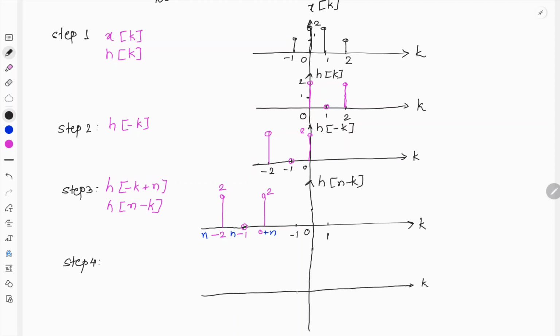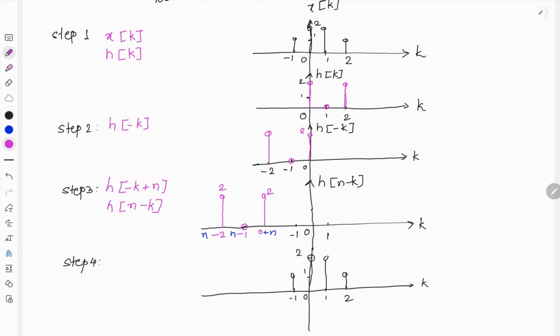So first is the x of k signal. It is 1 at -1, 2 at origin, 1, again 2, and at 2 it is 1.